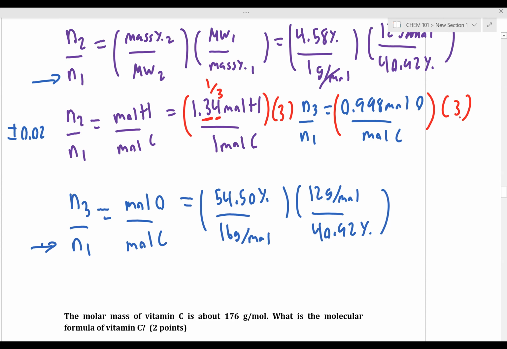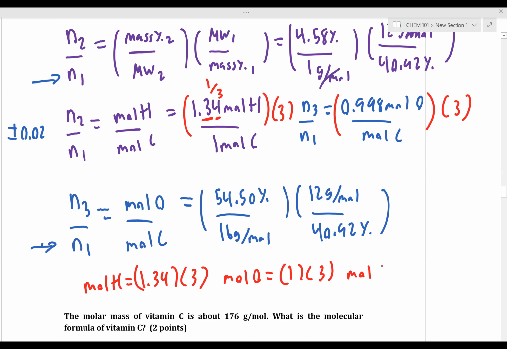So then, in the end, for our moles of hydrogen, we have 1.34 times 3. For our moles of oxygen, we have 1 times 3. And for our moles of carbon, when we multiply by 3, 3 moles of what? 3 moles of carbon, exactly.